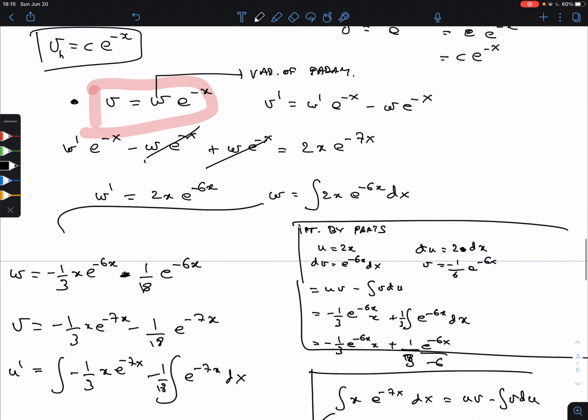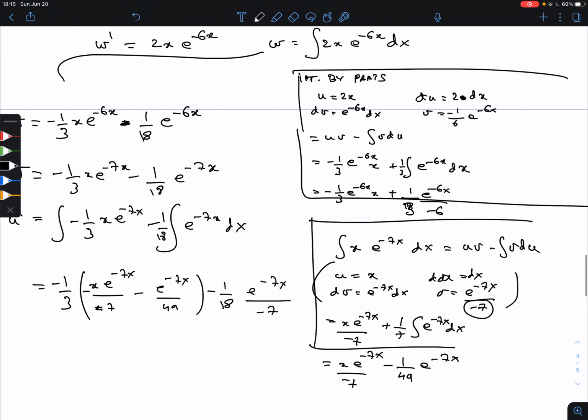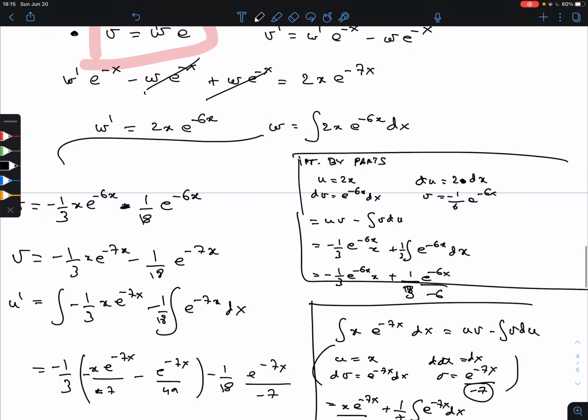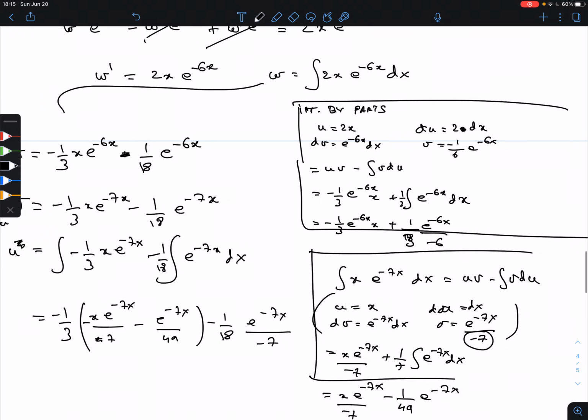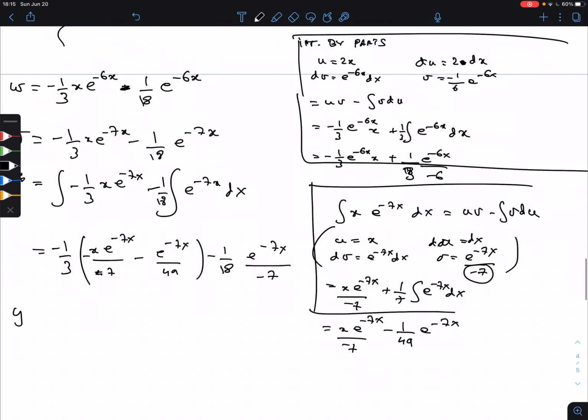Okay, this is u prime, and what is u now? Sorry, this is u now. Sorry, this was u prime, right? So this is now u. We integrated it. So this is u, and now for our last step, we have to multiply this with e to x.